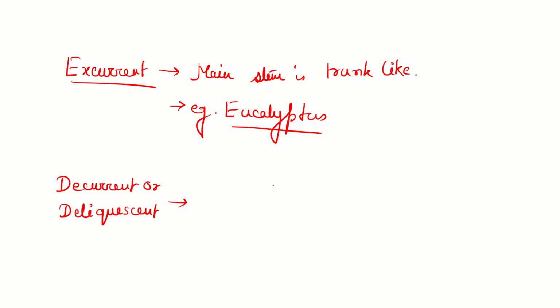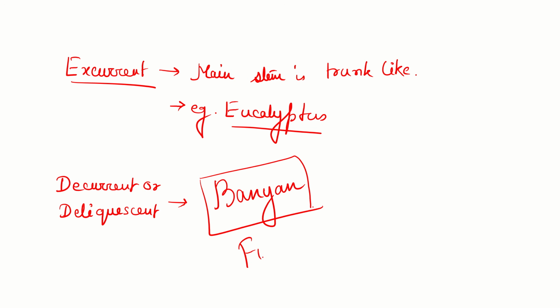The whole tree looks like a dome-shaped structure. You can understand what type of tree I am talking about. The most famous example of this is banyan tree or Ficus bengalensis. What is the scientific name of banyan tree? Ficus bengalensis, right?